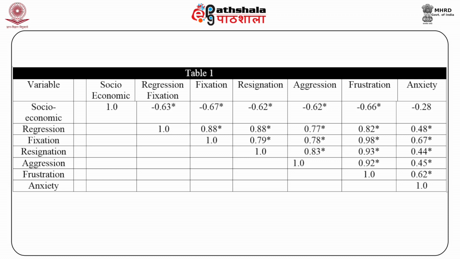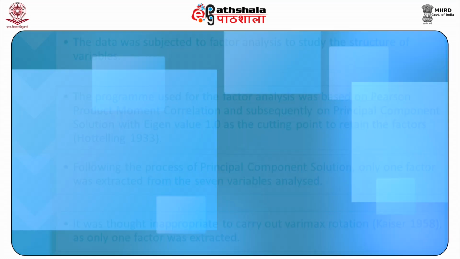For fixation, 1, 0.79, 0.78, 0.98 and 0.67, again significant values. For resignation, 1, 0.83, 0.93 and 0.44, significant values. Aggression, 1, 0.92 and 0.45. Frustration, 1 and 0.62, and anxiety, 1.